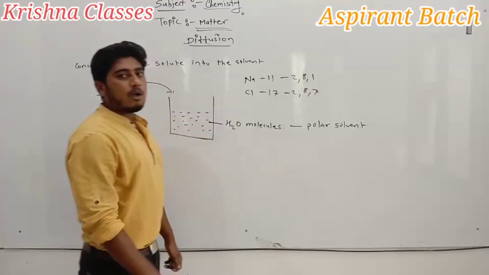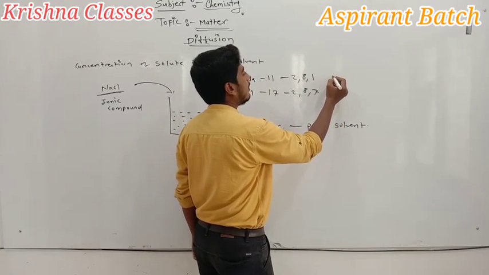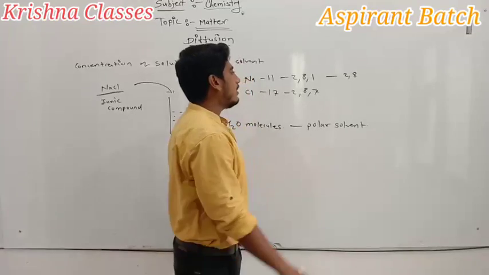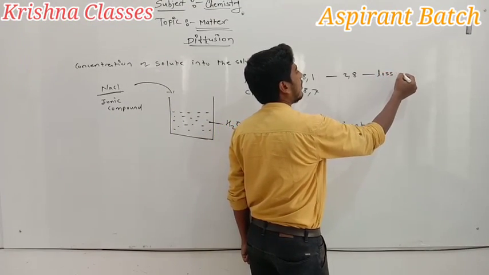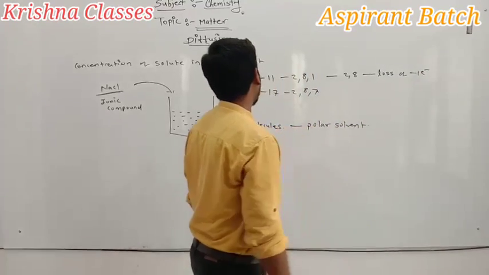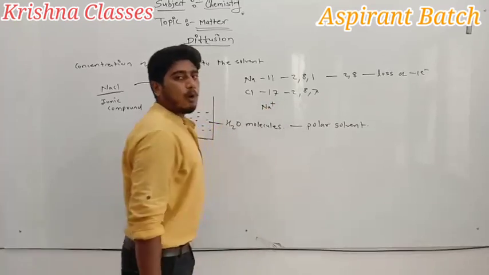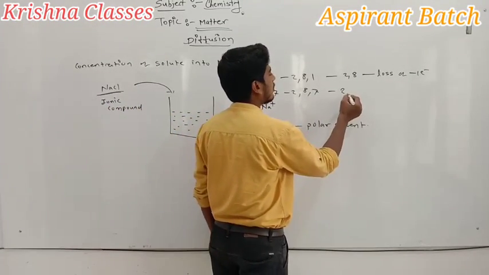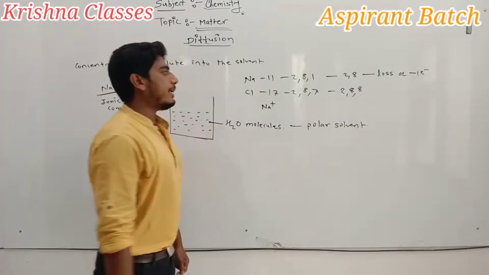One electron is lost by the sodium atom for completion of the octet, so the electronic configuration of sodium becomes 2, 8, and due to loss of one electron, sodium carries a positive charge. By gain of one electron, the chlorine attains the electronic configuration 2, 8, 8.